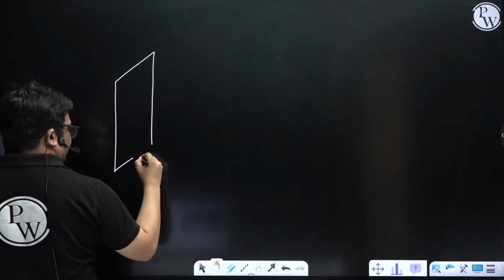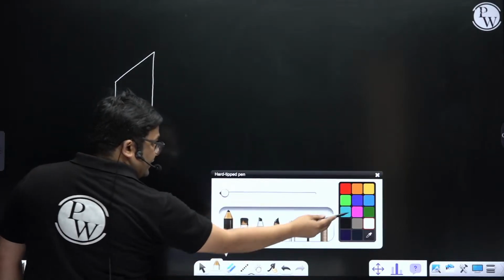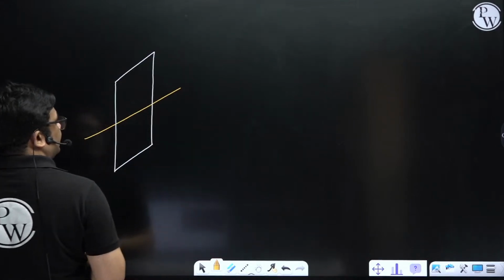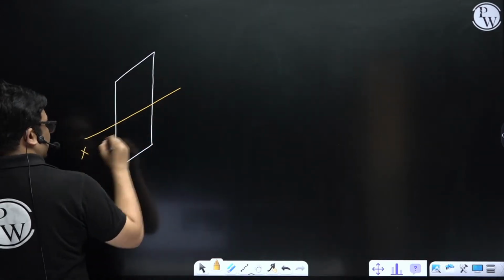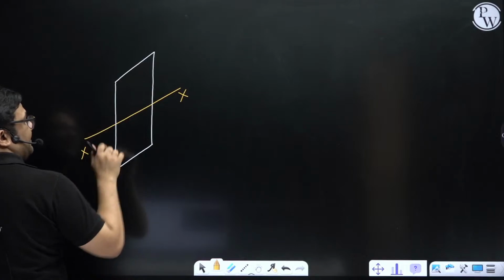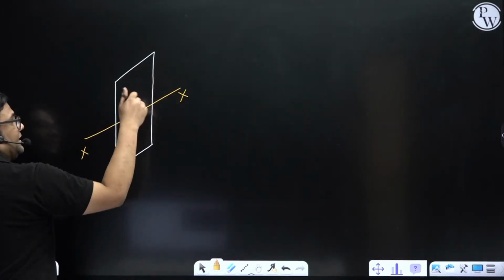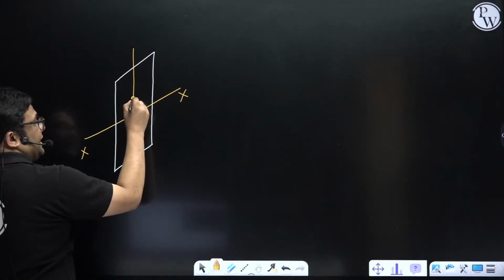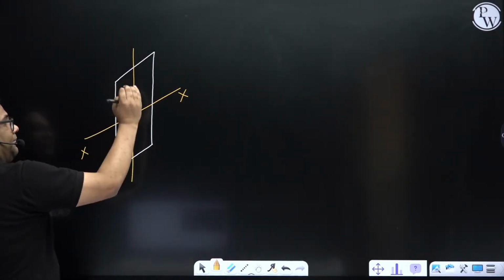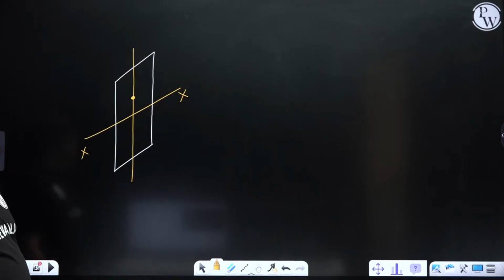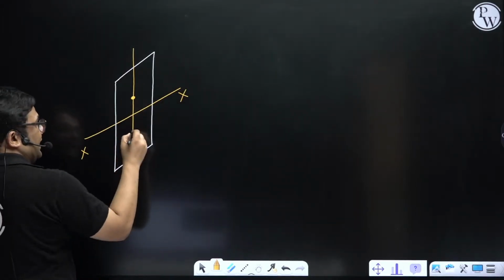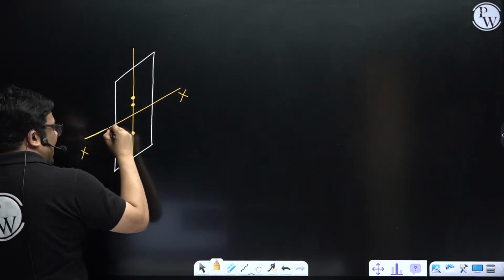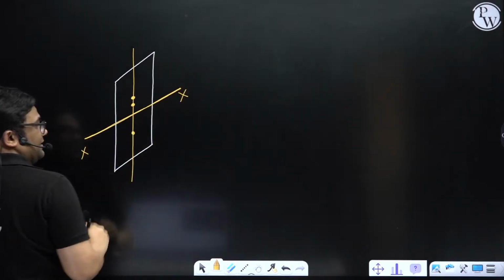This is the cross section, and this is the x-axis. When I am telling that bending is happening about the x-axis, the load has to act somewhere here. Then there will be bending about the x-axis. Yes or no?